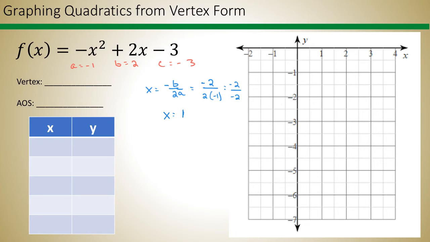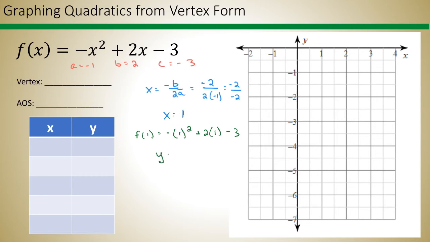That's our x value of the vertex. And then we're going to take that and sub it in to find the y value. So that's going to give us f of 1 is equal to -1 squared plus 2 times 1 minus 3, and that is going to be -2.